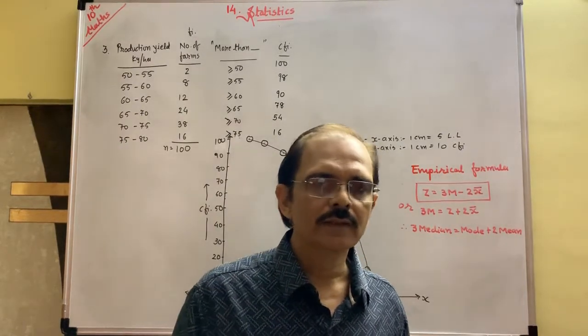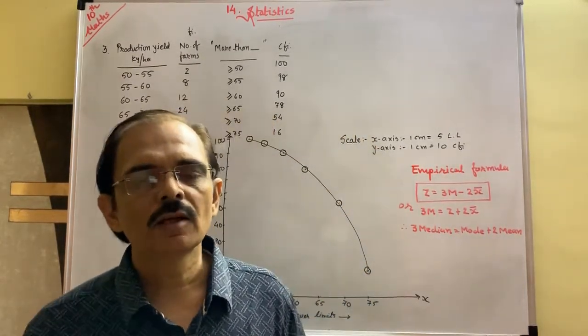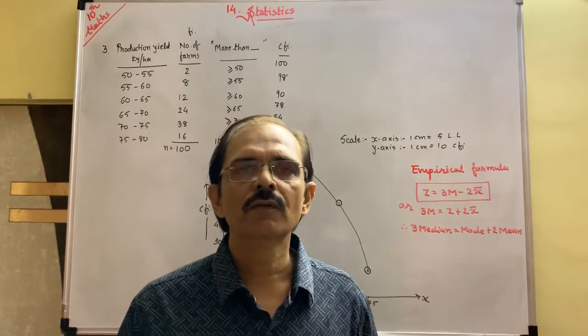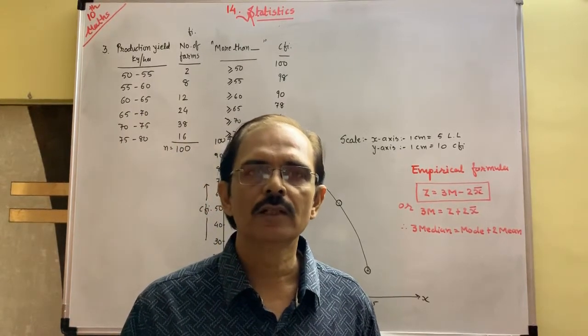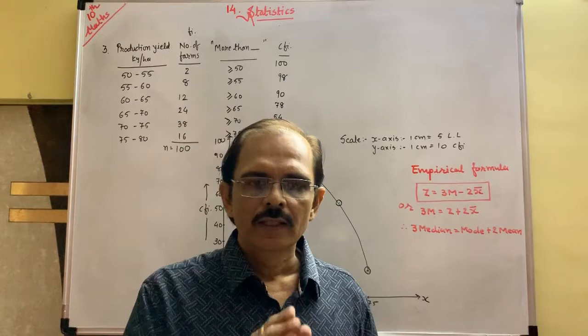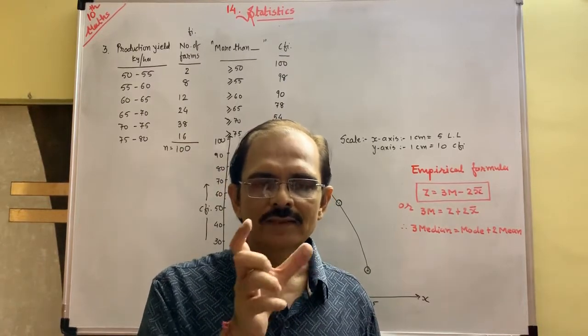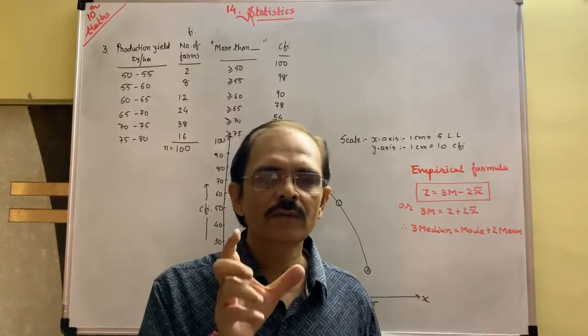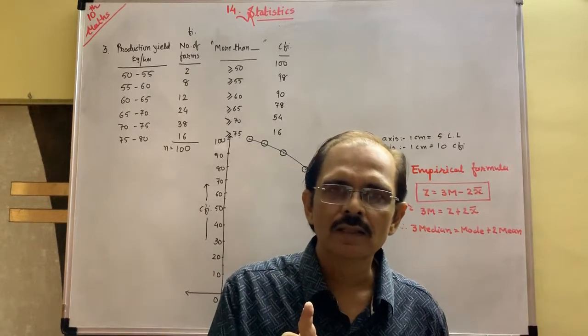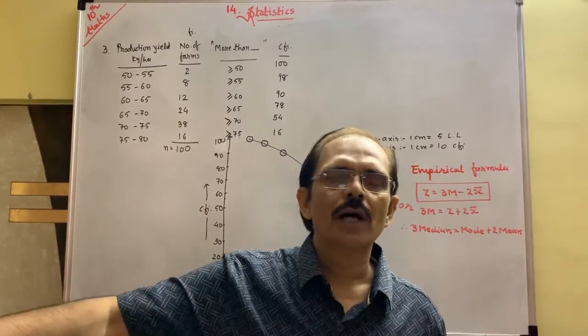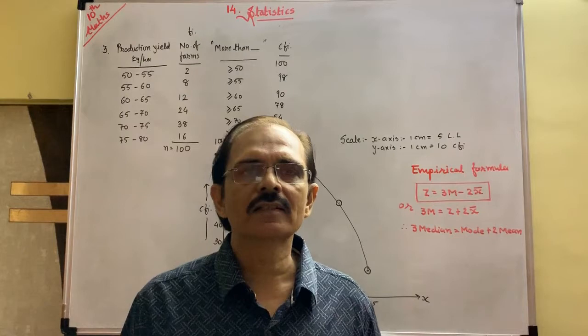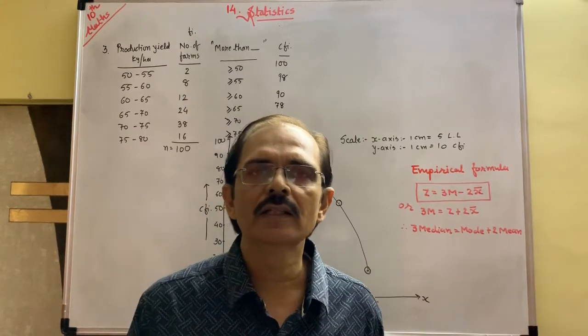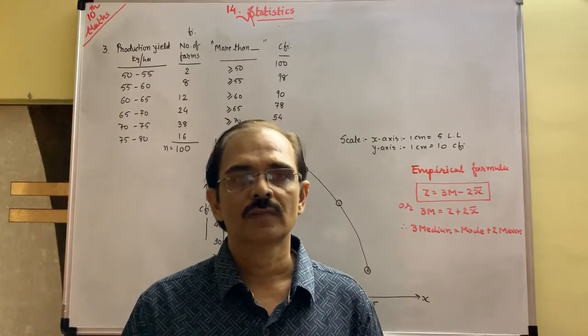Now what about median? You know the meaning of median. Median is mid value or middle value. Okay, it means what? If extreme positions are not there, or if extreme positions are too vast, there is a big difference between extreme positions, at that time median is helpful.